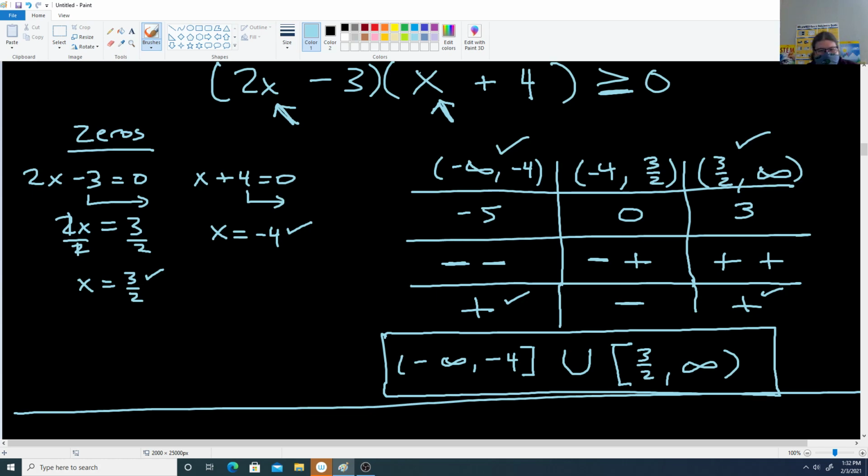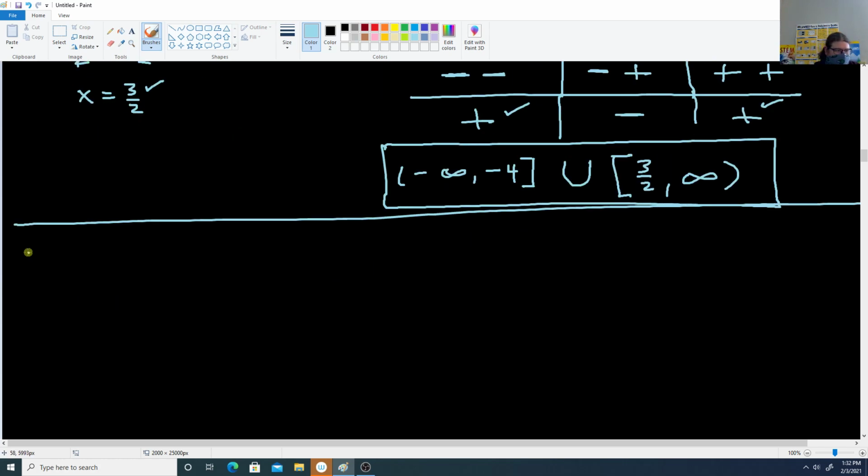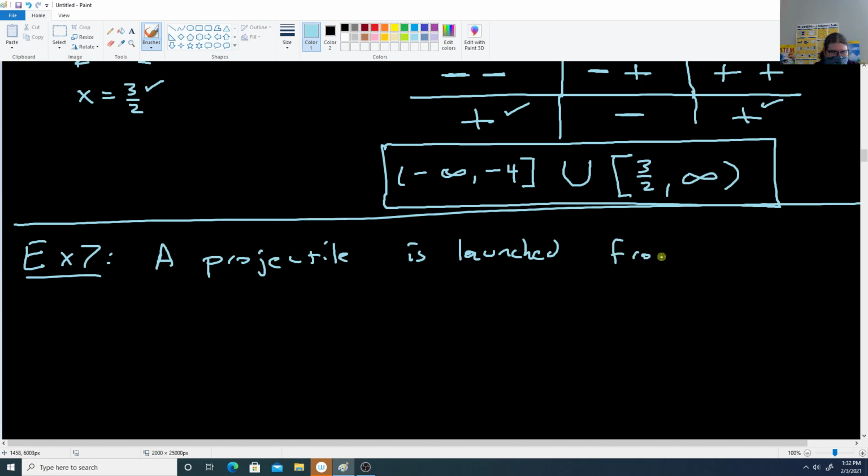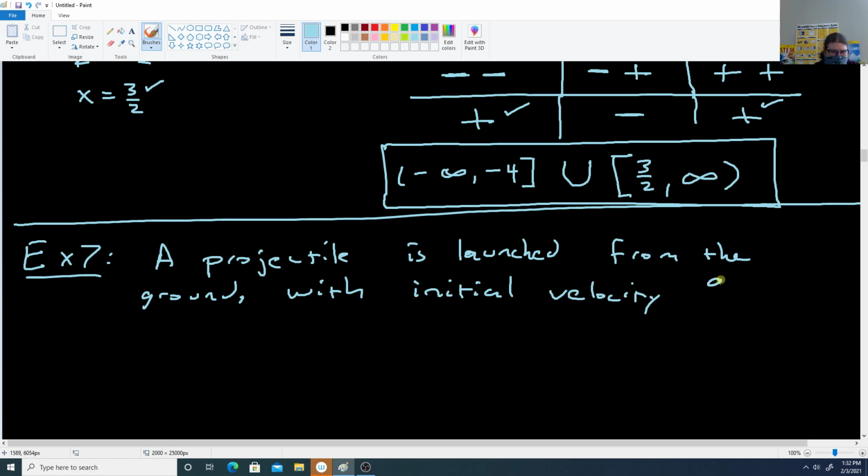Okay, so we've got a few more examples. Example 7 will be a projectile height. We say a projectile is launched from the ground with an initial velocity of 96 feet per second.